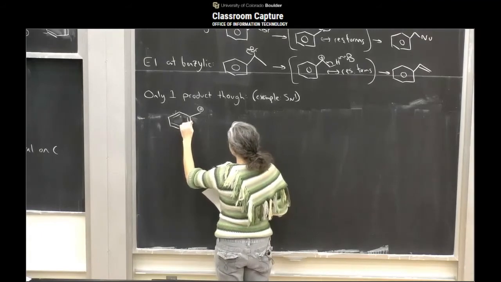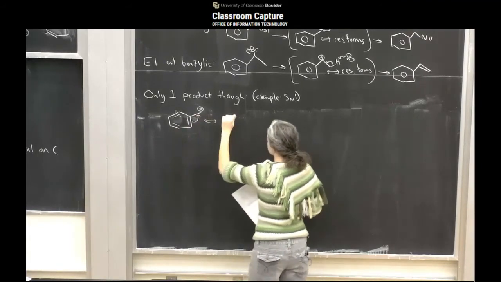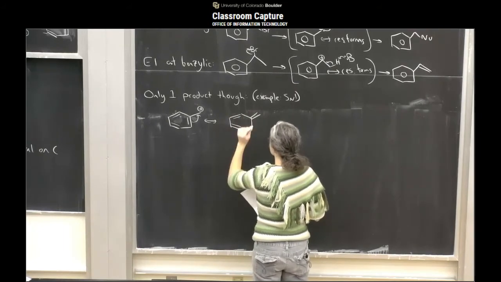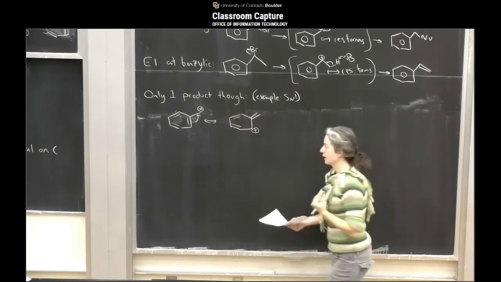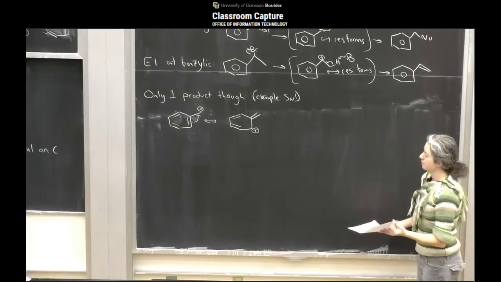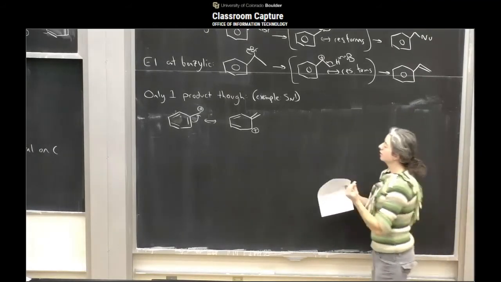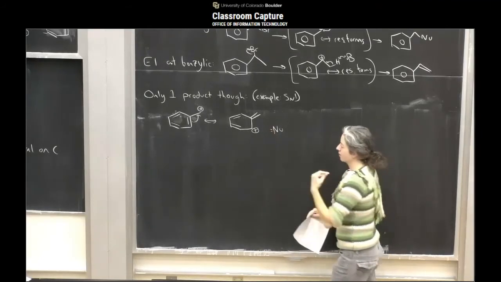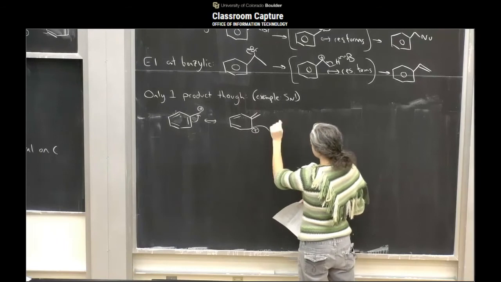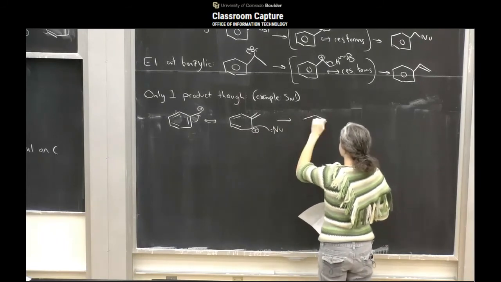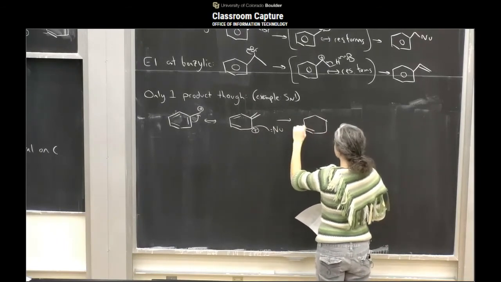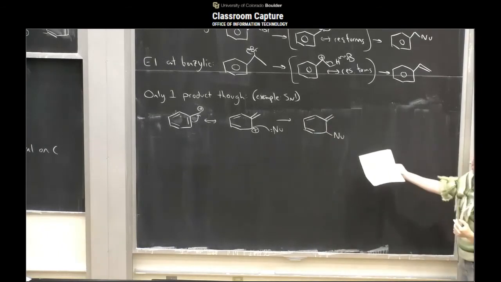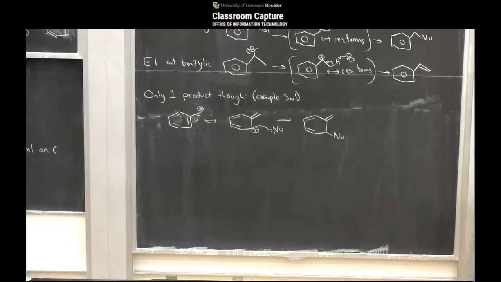If I try doing a resonance form like this, got a carbocation here. That is a contributing resonance form. It may not be the dominant one, but it is a resonance form. I could hypothetically show the nucleophile coming along, sticking on here, giving me this. Why is this product not as good as the one that I originally drew up there?